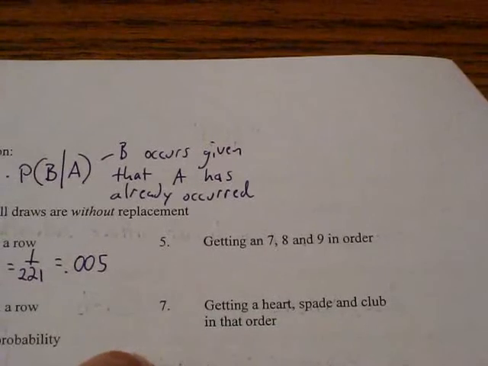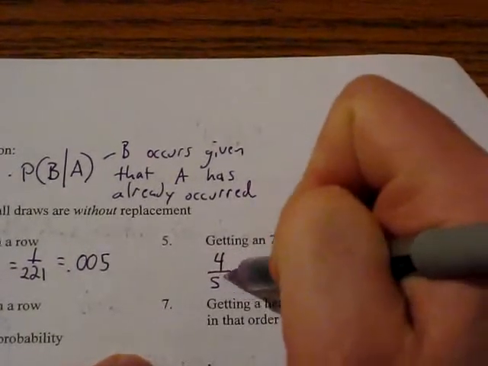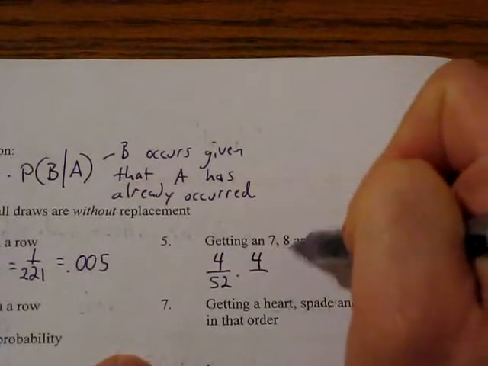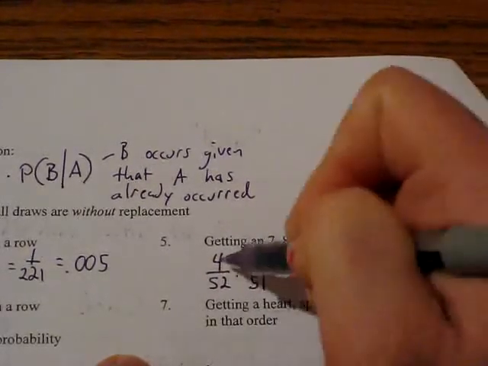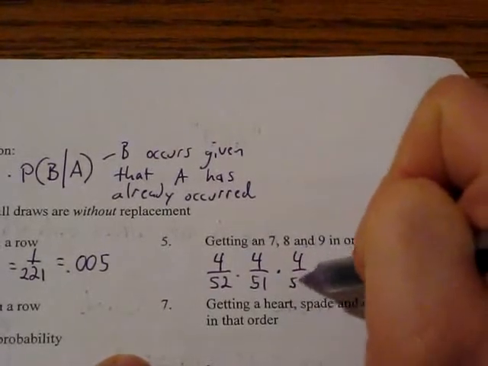Getting a 7, 8, and 9 in order. Again, please try to pause these and then check to see if you're right. There are 4 7s in a deck of 52 cards. Then there are 4 8s in a deck of 51 cards. Remember, we pulled the 7. And then there are 4 9s in a deck of 50 cards.